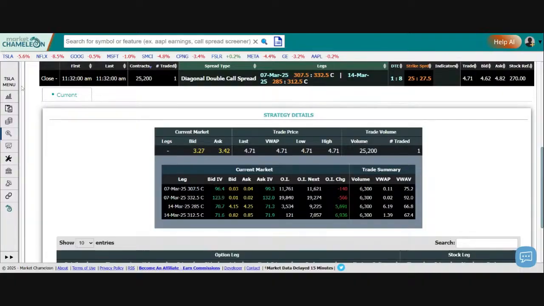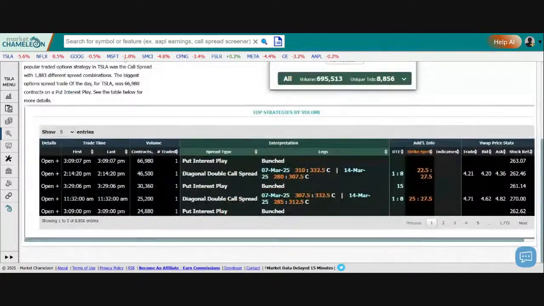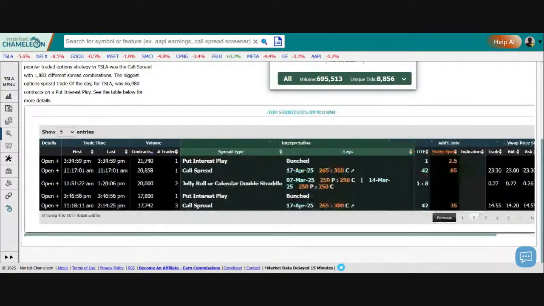So I'm going to close that, and I'm going to just go to the next page. So this page 2, and now we could see a call spread here that traded 20,858 contracts.